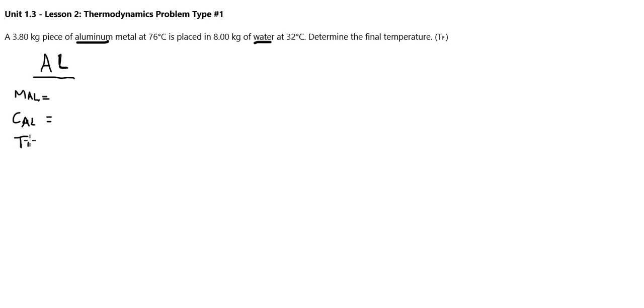Now, before we even try to figure out where these things came from, I'm going to explain where I got these things from. So, we are trying to look for the final temperature. Now, how we can do this is by using one of the equations.